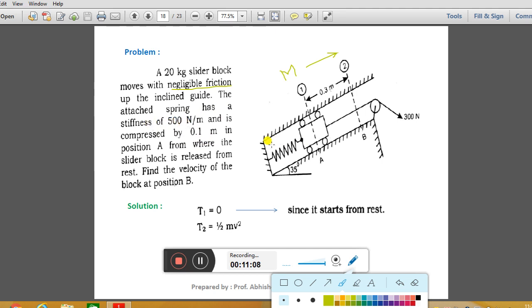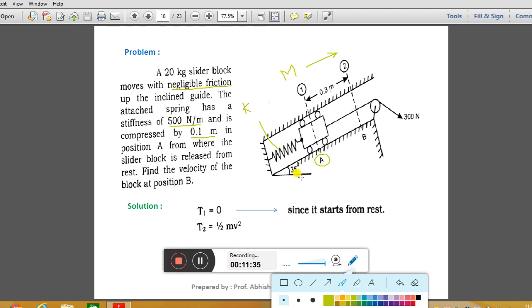That means the stiffness K is given. It is 500 Newton per meter and is compressed by 0.1 meter in position A. That means at position 1, it is compressed by 0.1 meter, from where the slider block is released from rest.